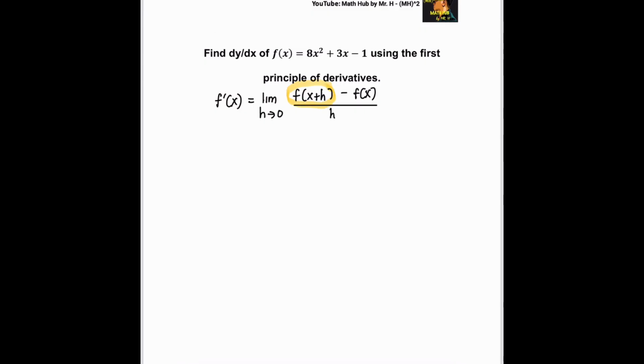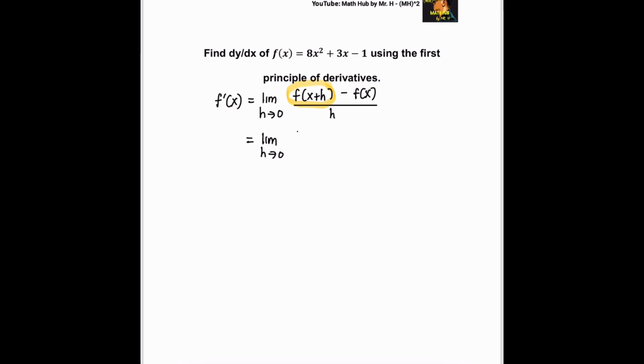So we're going to be evaluating the function by replacing all the x variables by x plus h. So this is going to be the limit as h approaches 0. So this part right here, we replace all the x's by x plus h.